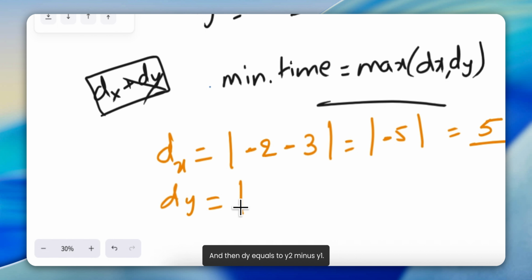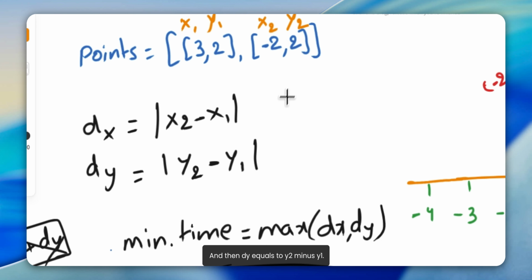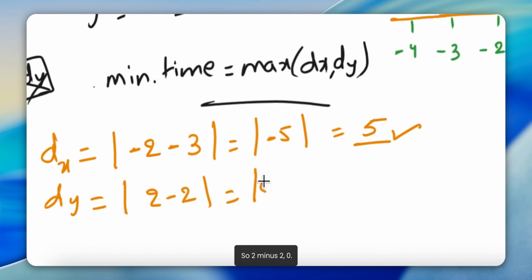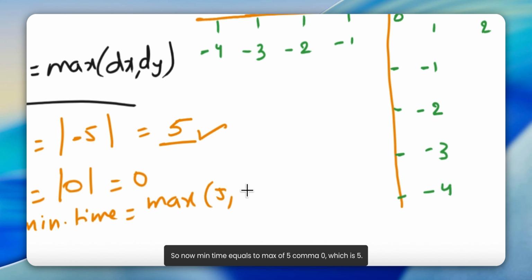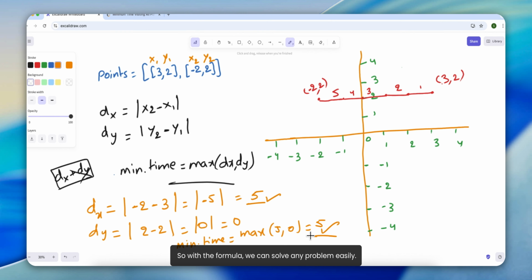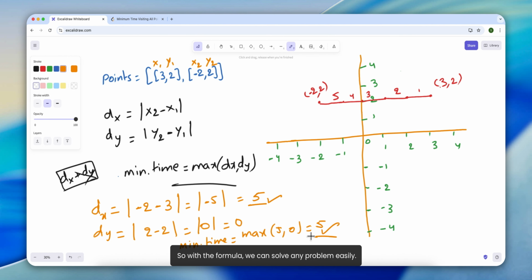And then dy equals y2 minus y1, so 2 minus 2 is 0. So now min time equals max of 5, 0, which is 5. So with the formula we can solve any problem.